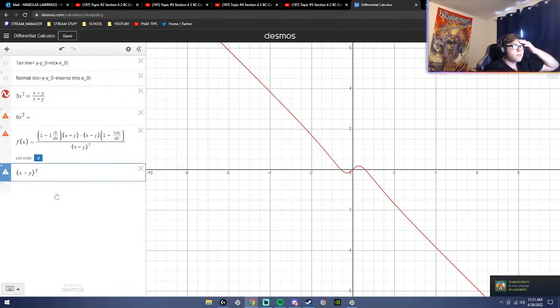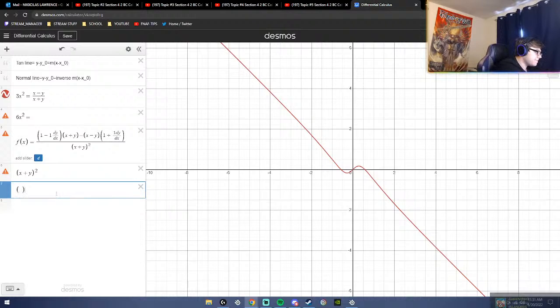With (x plus y) squared, we can't just call it x squared plus y squared. We cannot do that. So what we have to do is x plus y, and then we would do x plus y again, because of good algebra.